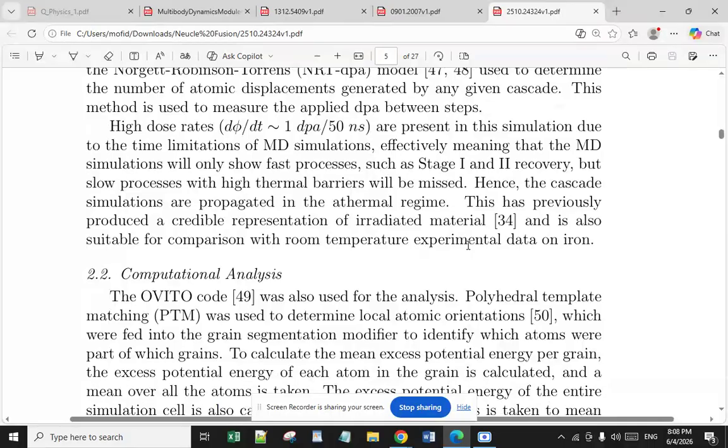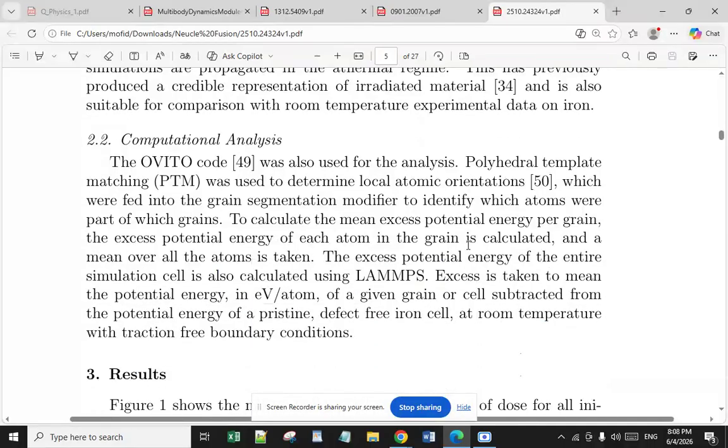Hence, the cascade simulations are propagated in an athermal regime. This has previously produced a credible representation of irradiated material and is also suitable for comparison with room temperature and experimental data on iron.